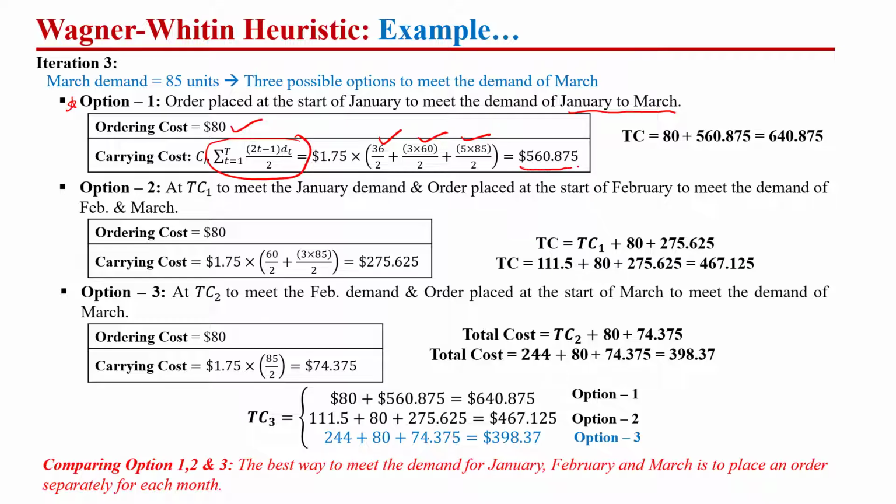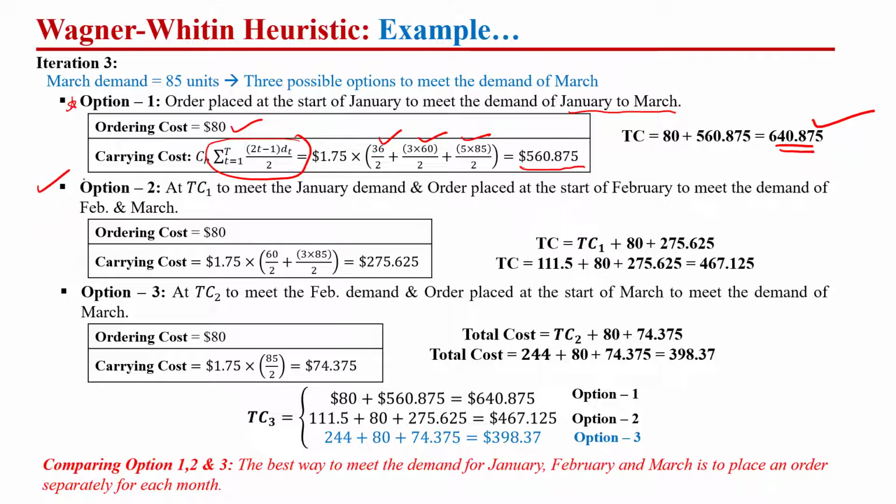So this is basically the total carrying cost if we are going to place the order at the start of January. So the total cost is 80 plus this one, that is this one. So which means at the start of January, we are placing the order equal to the demand of January, February, and March. So the total cost is going to be this one.